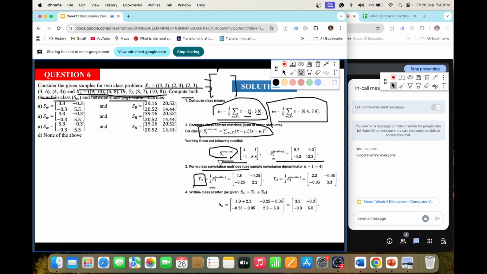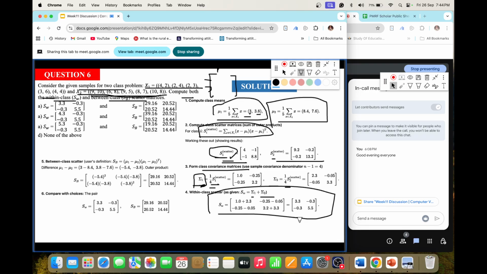You can call them covariance 1 and covariance 2. Once you got these two matrices, you can get the SW matrix, the within-class matrix, which is nothing but sigma 1 plus sigma 2.